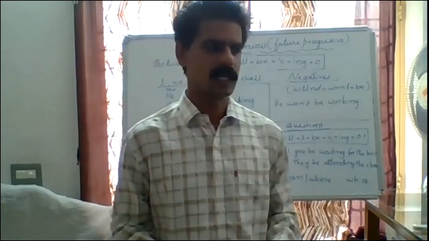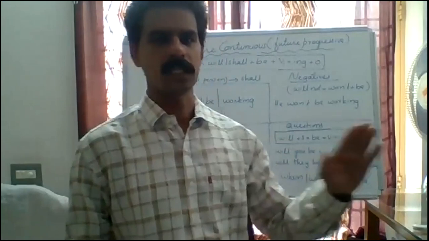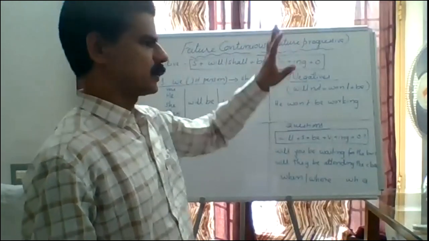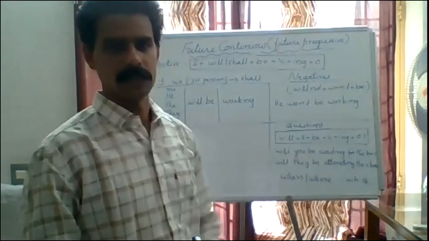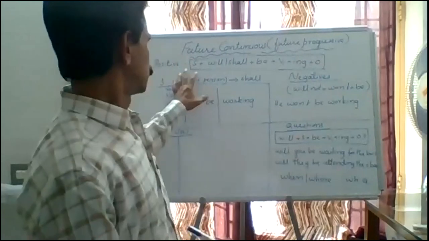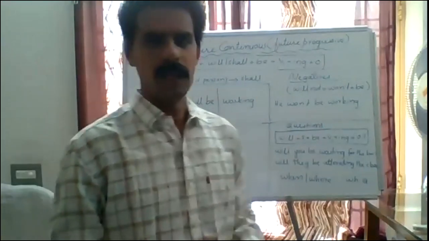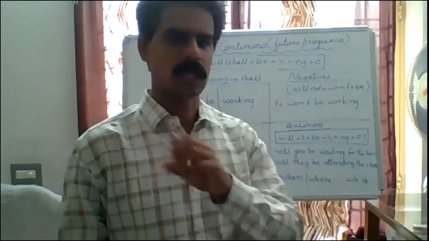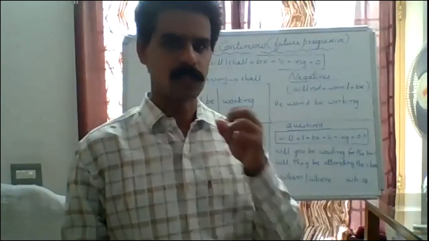Here after be we use the V1 plus ing form. Then last there is the object. So we got the structure: subject plus will or shall plus be plus V1 plus ing, the structure of a positive sentence in future progressive.